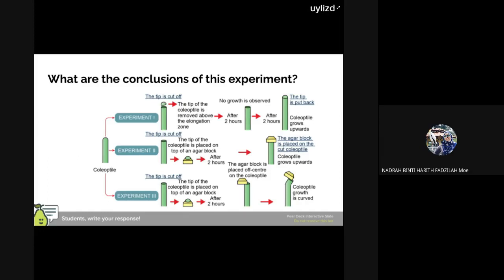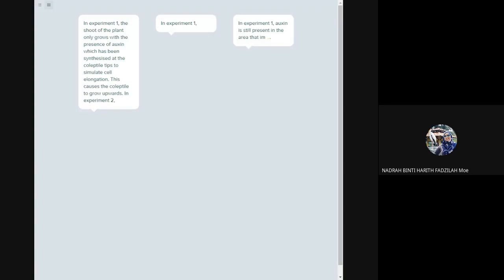Okay, so agar block tu pula diletakkan senget pada hujung coleoptile. We can see that when we place it in a senget position, the growth is also senget. So apakah dia punya conclusion kat situ? Okay. Ada 3 conclusion yang kita boleh summarize dari dalam eksperimen 1, conclusion dia apa, eksperimen 2, conclusion dia apa, eksperimen 3, conclusion dia apa.